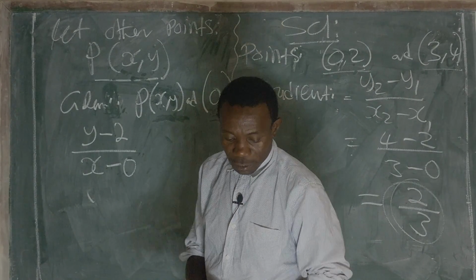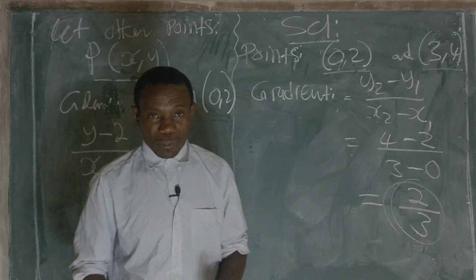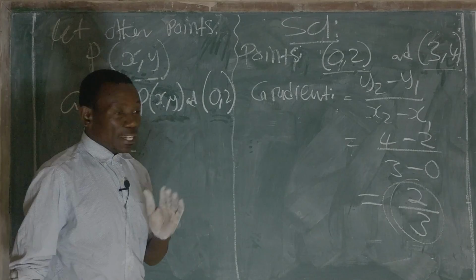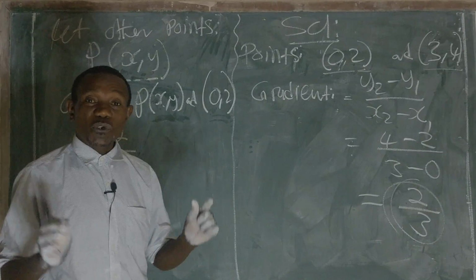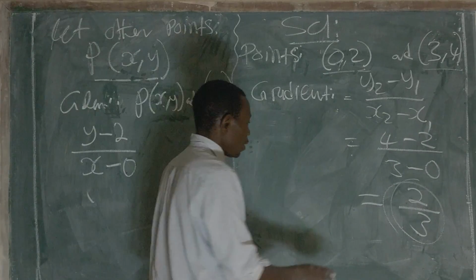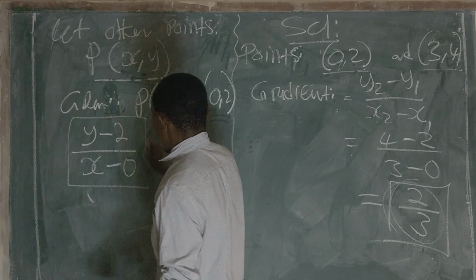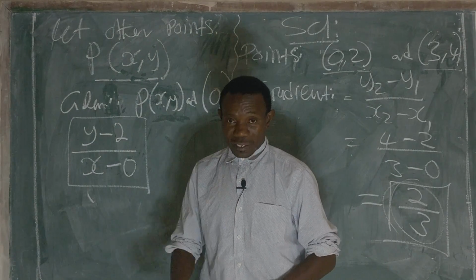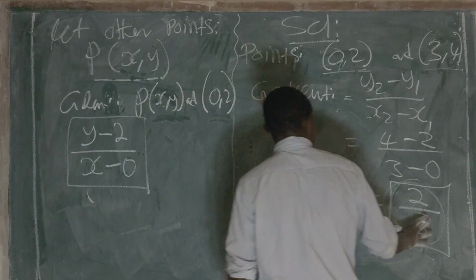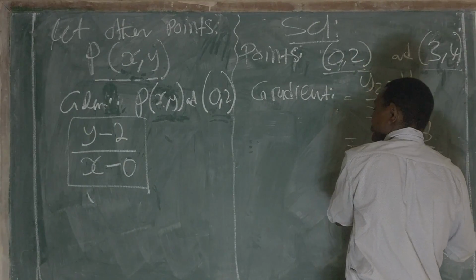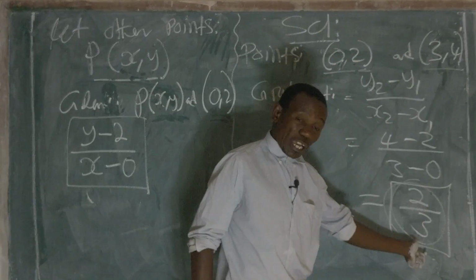But now, the fact that the gradient of the line is the same at every position, from what we have here, you're going to realize that you have got 2 gradients. One is this one. The second one is more like an expression which we have here. This is more like a fraction, has got the value there for numerator and denominator.